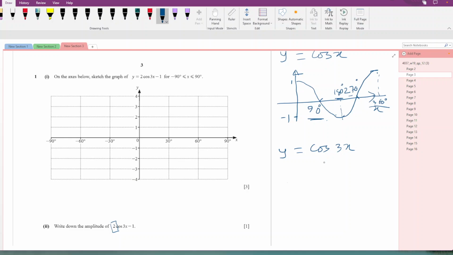This is known as a horizontal stretch of scale factor 1/3.